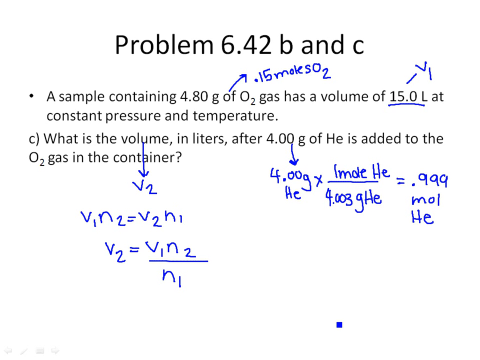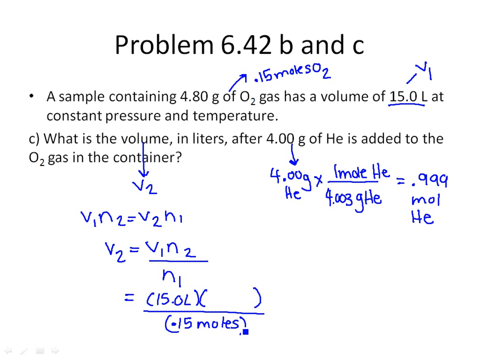Now we plug in, so our V1 is 15. This is the most common mistake, finding N2, so we're going to come back to that. Our N1 is, again, 0.15 moles. N2 is the total moles you have at the end of the experiment, after the 4 grams have been added.